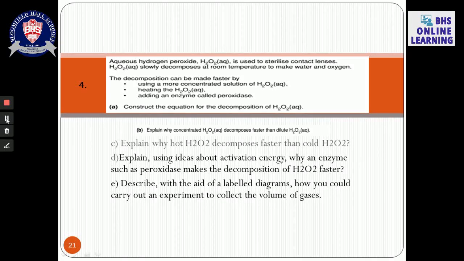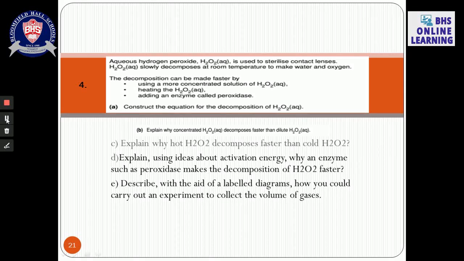Water and oxygen are the products. This decomposition can be made faster. This reaction can be made faster by using more concentrated solution, by heating, and by adding an enzyme. An enzyme is a catalyst, biological catalyst.